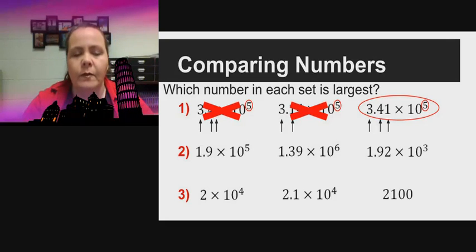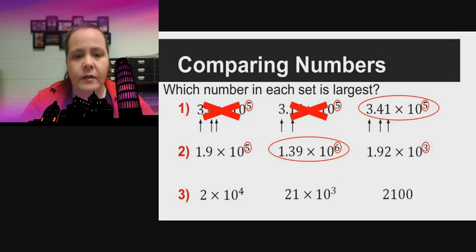Again, we look first to see that they're in scientific notation, and these are, and then we compare our exponents. And when we do that, we see we have 5, 6, and 3. Now 6 is the largest of those exponents, so this one makes our job easy, and we know that 1.39 times 10 to the 6th is the largest number in this set.